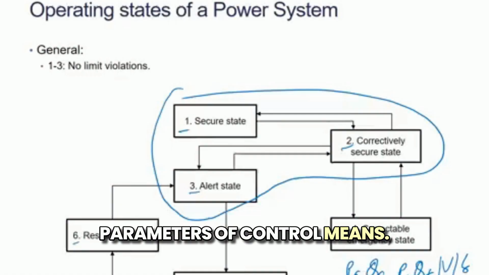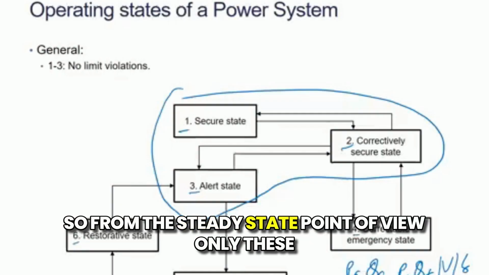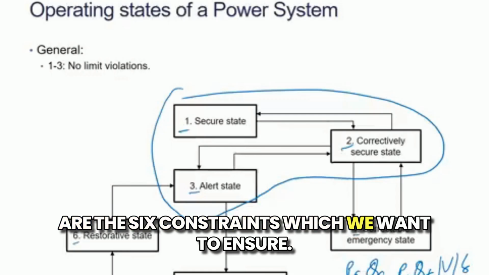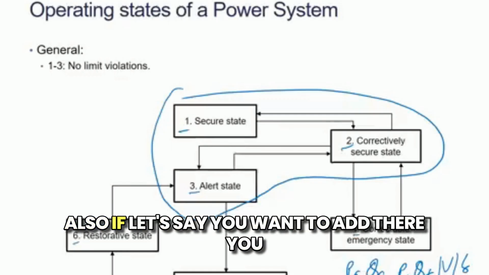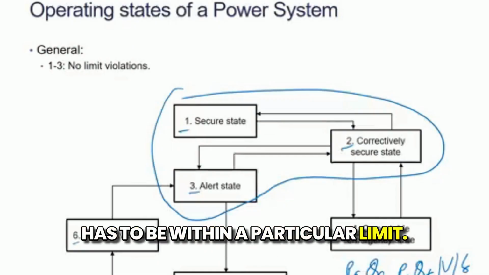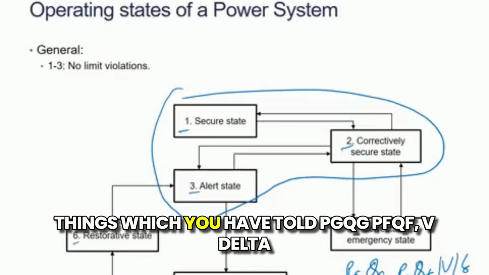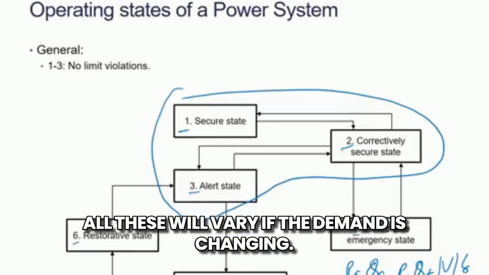Okay, so from the steady state point of view, only these are the 6 constraints which we want to ensure. Also, if you want to add, you can say the real and reactive power demand has to be within a particular limit, because if the demand fluctuates, all these things you have told, PG, QG, PF, QF, V, delta, will vary.